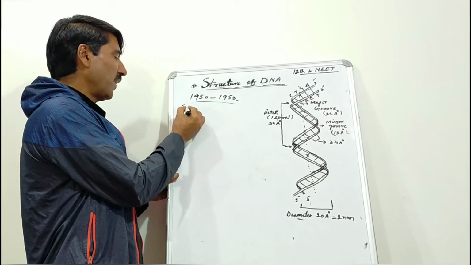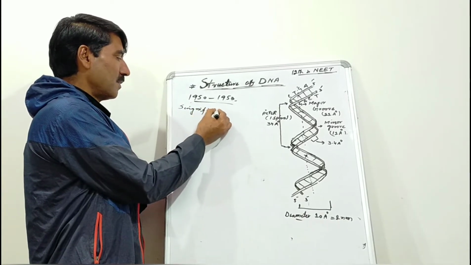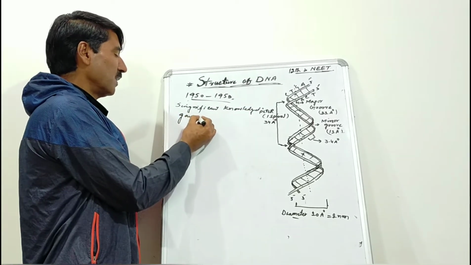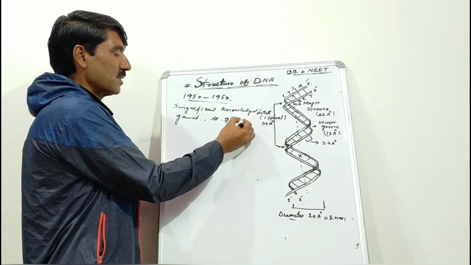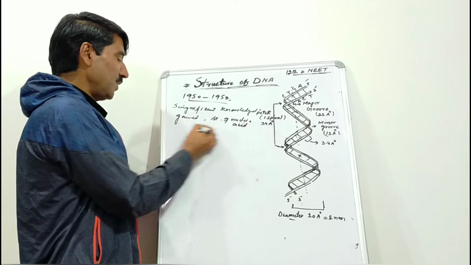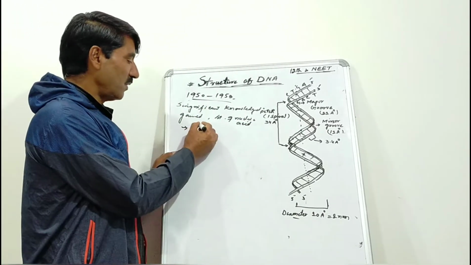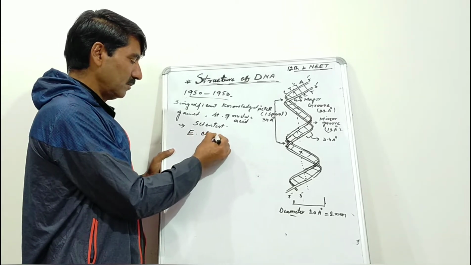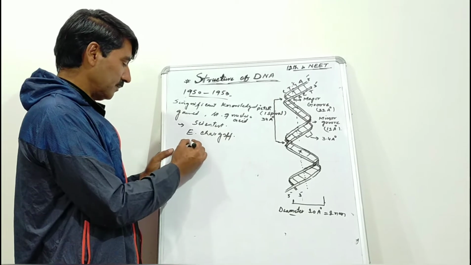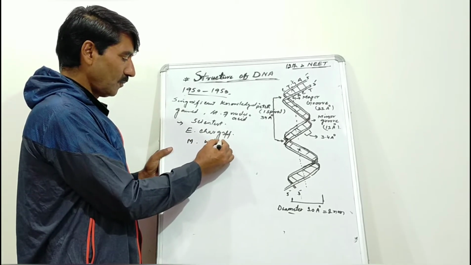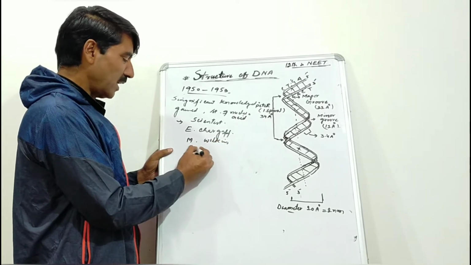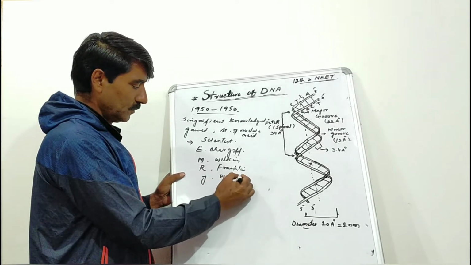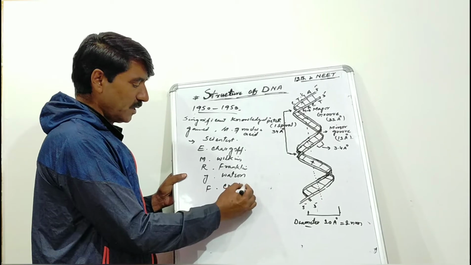During this period, significant knowledge was gained regarding the structure of nucleic acids, and this knowledge was due to the researches or the observations of several scientists, and these scientists were Erwin Chargaff, Maurice Wilkins, there was one more, Rosalind Franklin, likewise James Watson, Francis Crick, and several others.